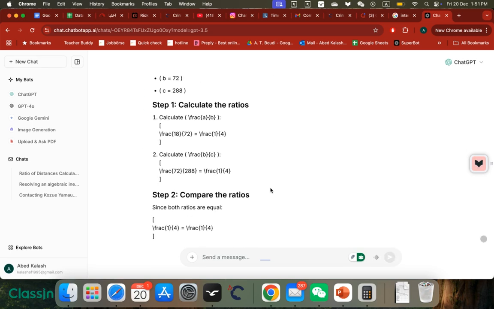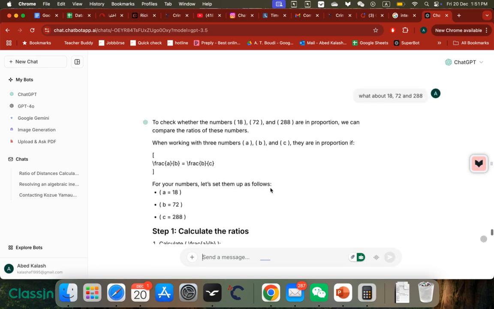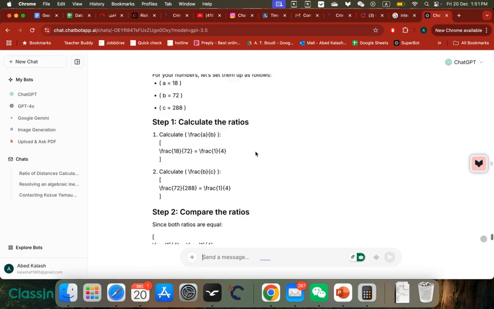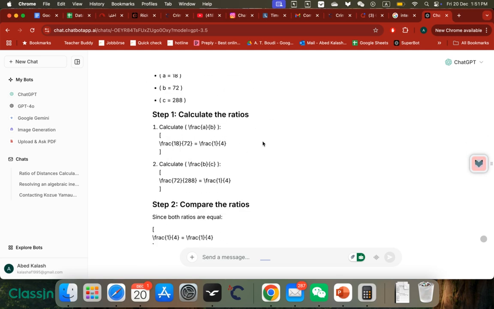I didn't do that. I'm trying to do that. So we need to check fraction AB and BC. Regardless of what you have, it's kind of similar. Earlier it was ABCD.